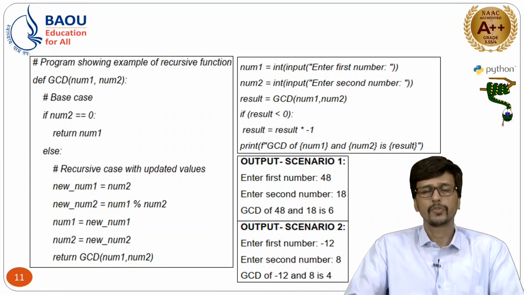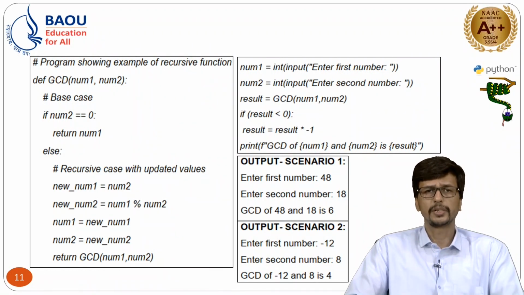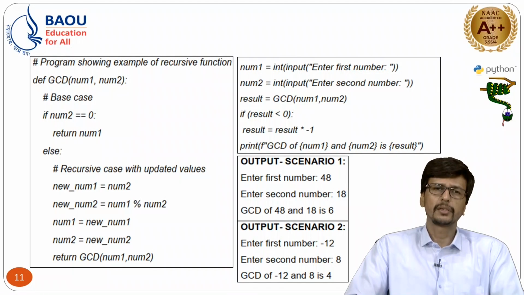You can see on your screen the example given to find the GCD, the greatest common divisor. In the base case you mention the condition where to terminate the whole execution of this recursive function: if number 2 double equals 0, in that case you stop the execution of your code. In the recursive case you define the actual logic.